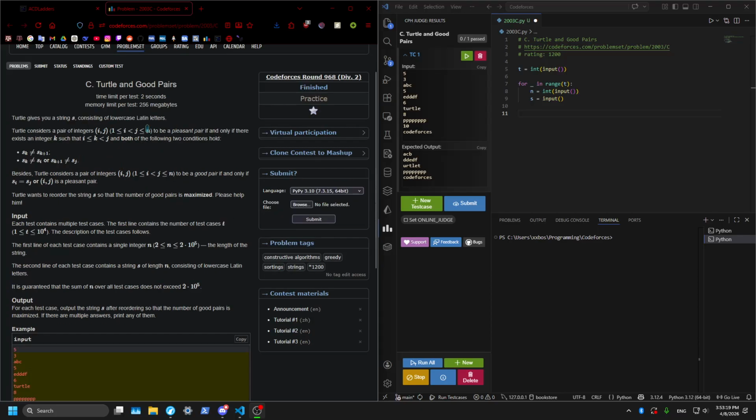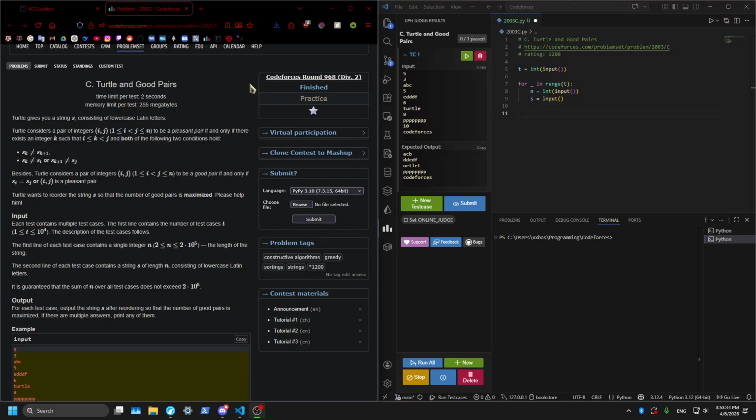Let's read the question. Turtle gives you a string S consisting of lowercase Latin letters. Turtle considers a pair of integers i, j to be a pleasant pair if and only if there exists an integer k such that i ≤ k < j, and both of the following two conditions hold. The conditions are: s_k does not equal s_{k+1}.